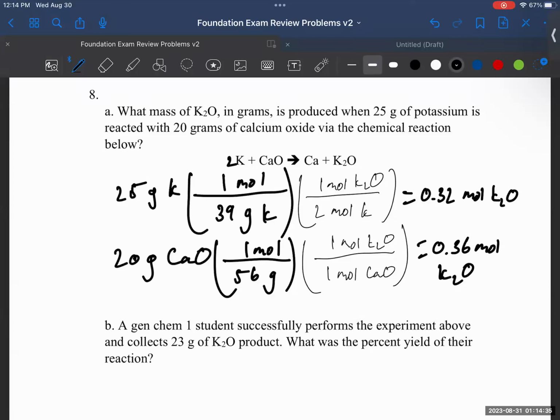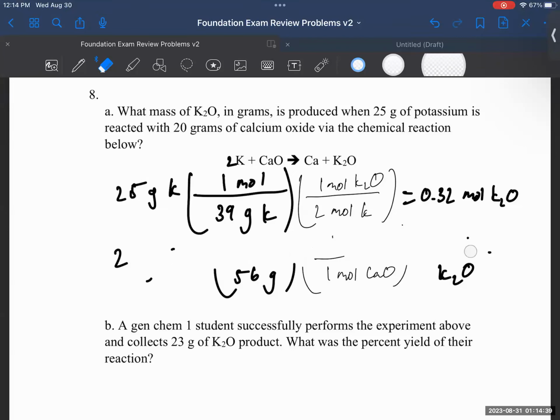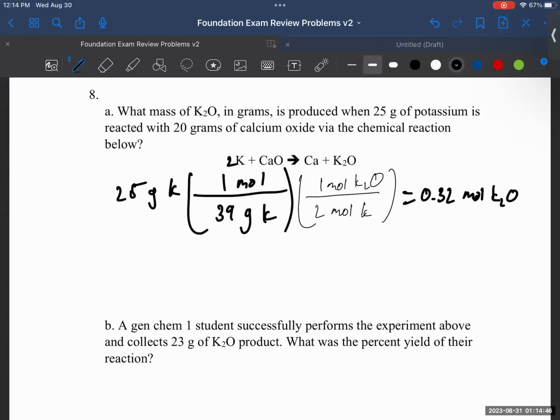So what I'm going to do here is get rid of all this stuff because we don't need it anymore. So we found out that potassium is our limiting reagent. So I'll just write that to the side here. K equals limiting reagent, or I abbreviated that to LR. So are we done? That's it? No, right?